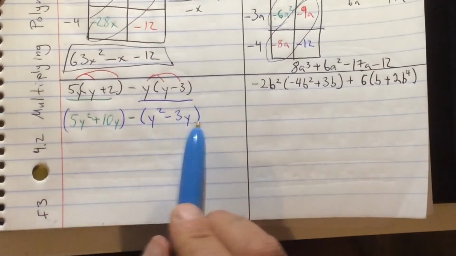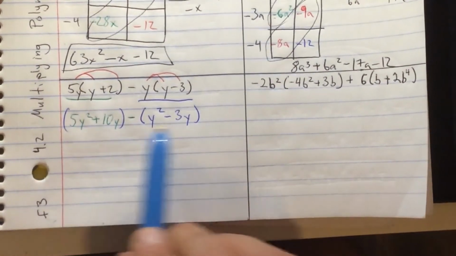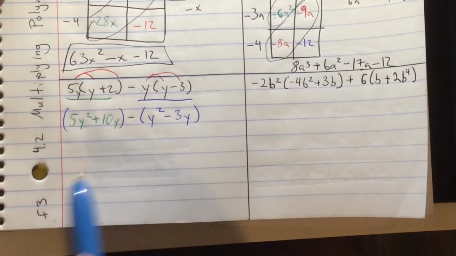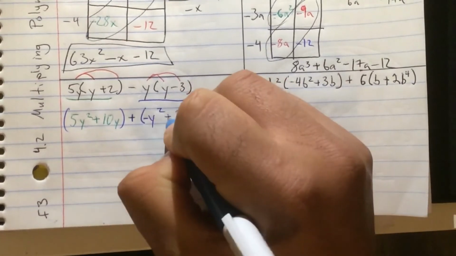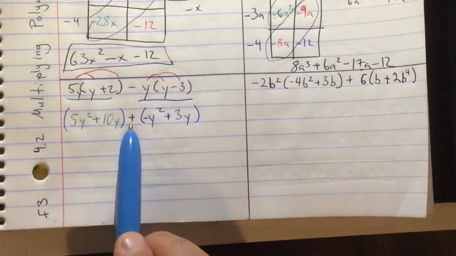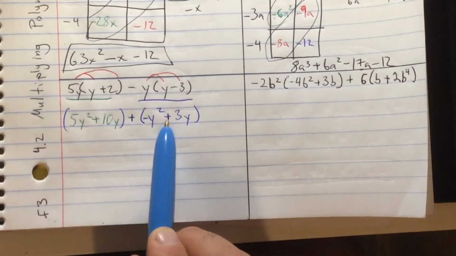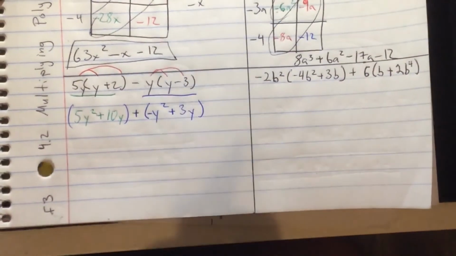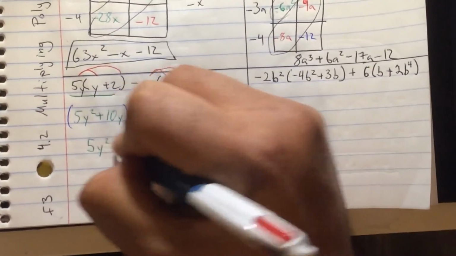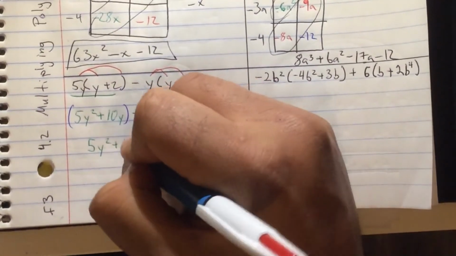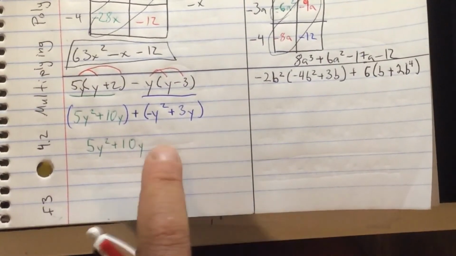So we still have this pesky negative to deal with in front. So I'm going to go ahead and distribute it and add, just so you kind of see. If I distribute this negative, it changes each sign. So negative times a positive will make that a negative, and negative times a negative makes it a positive. And then we're going to just add it. So we have our 5y squared plus 10y. There's no constant, so I don't have to worry about adding the 0.